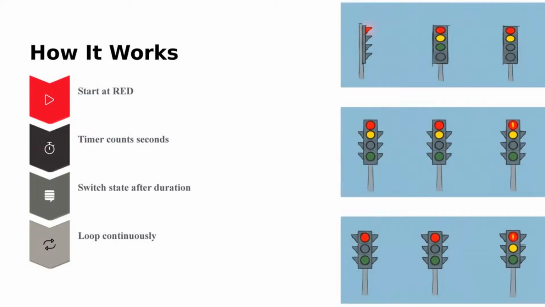Suppose we start with the red state, and we make use of the time module so that it counts how many minutes or seconds the agent has to be in that state, how much duration it has to be in that state, and within how much duration it has to switch between the states.